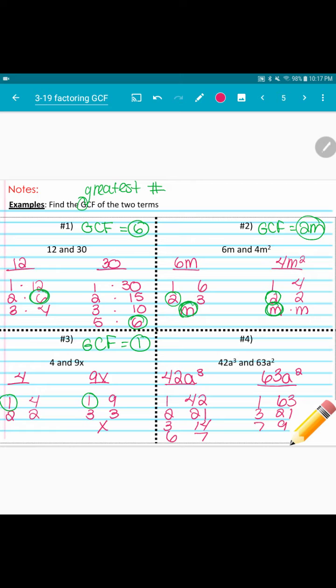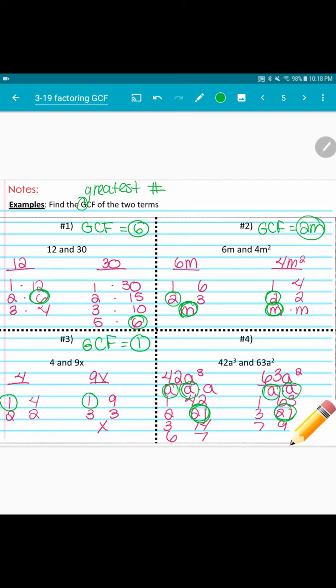All right, and then keep in mind that this one has an a cubed, so a times a times a, and this one has an a squared, so a times a. All right, and we're looking for the biggest thing in both of those. The biggest number first is 21, and then our biggest variable. So I have an a and an a, but I have more.